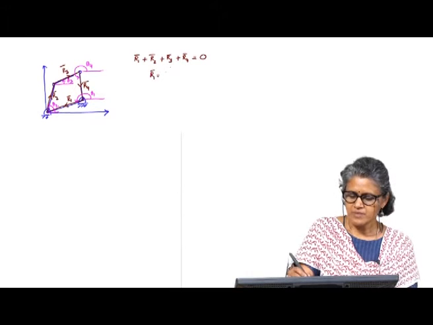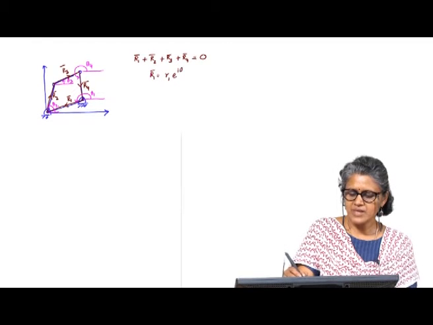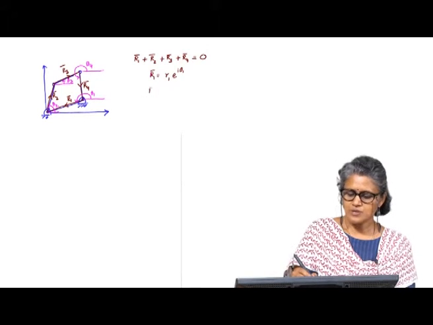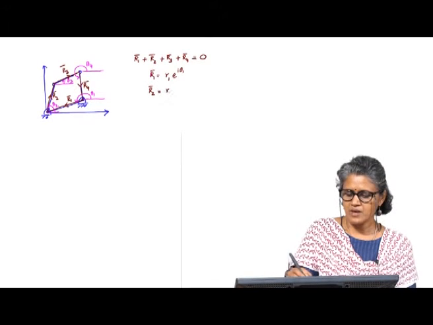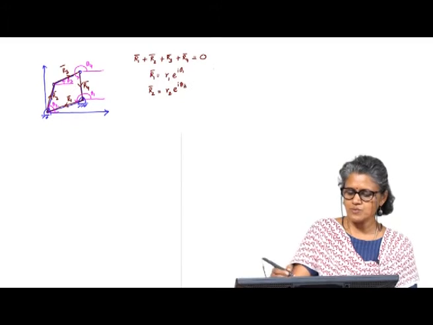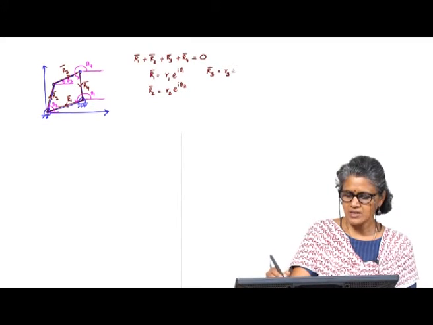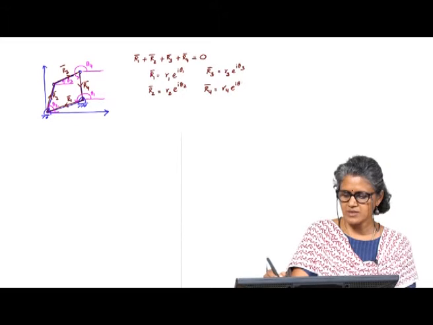R1 will be, whatever its magnitude, maybe I will use small letters, r1 e power I theta 1 in complex form. R2 will be r2 e power I theta 2, R3 is r3 e power I theta 3, R4 is r4 e power I theta 4.